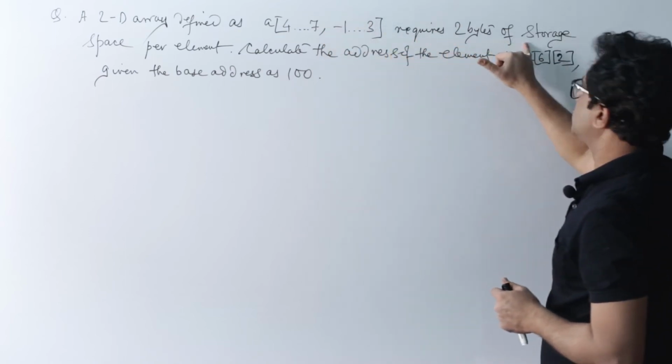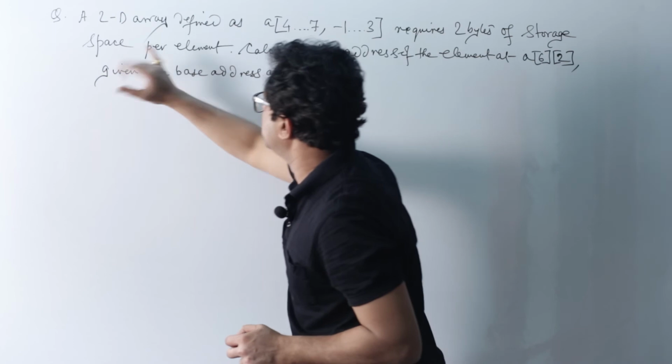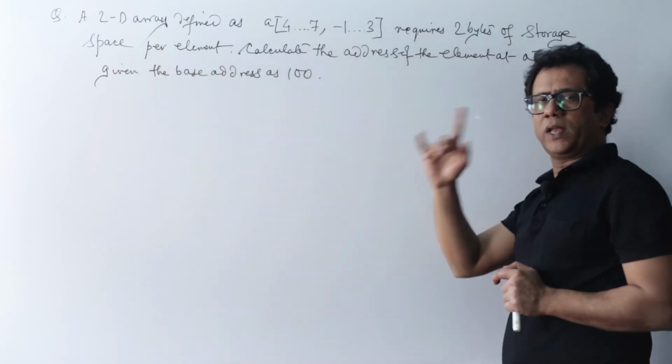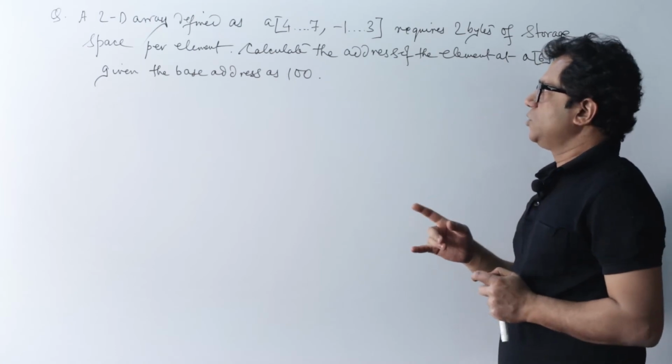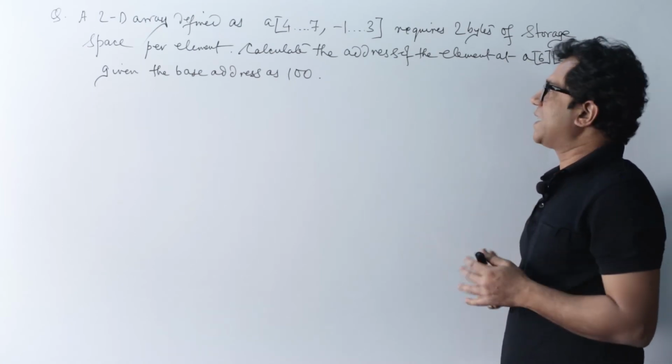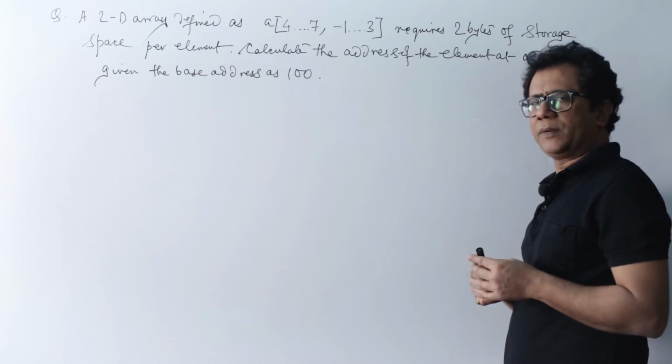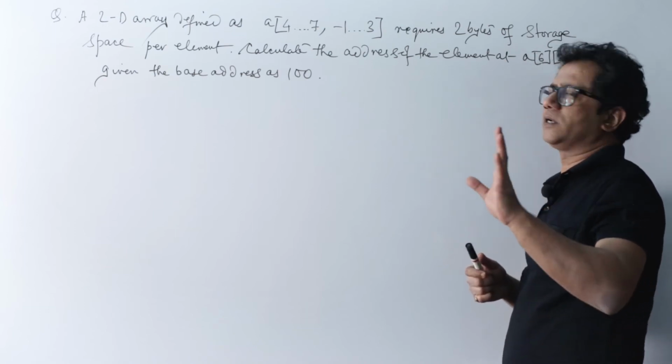It requires 2 bytes of storage space per element, that is, one element of the array will occupy 2 bytes of memory. You can easily understand what the data type of that element is. 2 bytes means an integer data type.